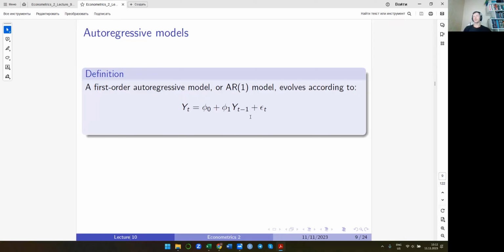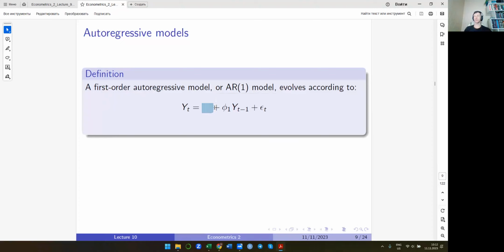This is the definition of this model. yt equals phi 0 plus phi 1 multiplied by yt minus 1. So the previous value of y affects, through phi 1, the current value of yt.